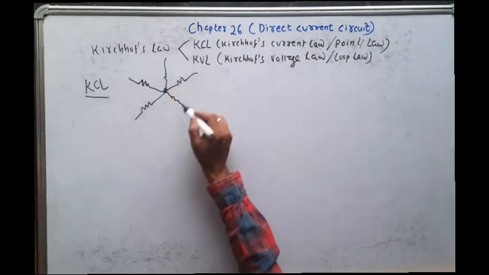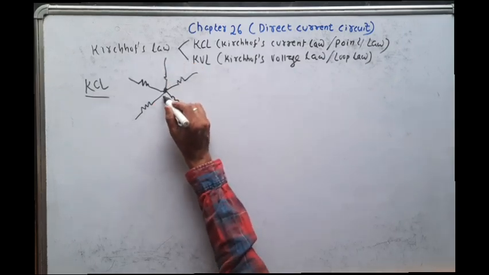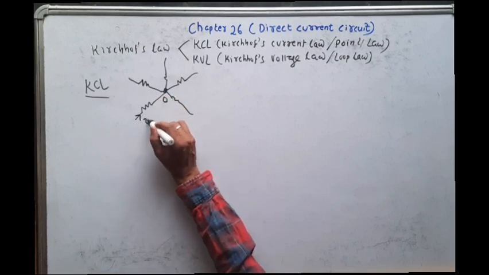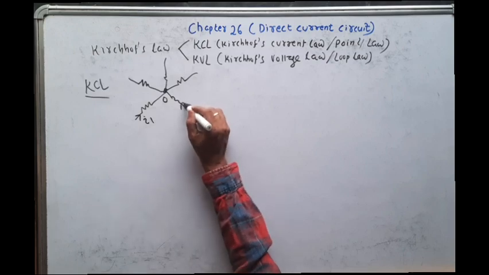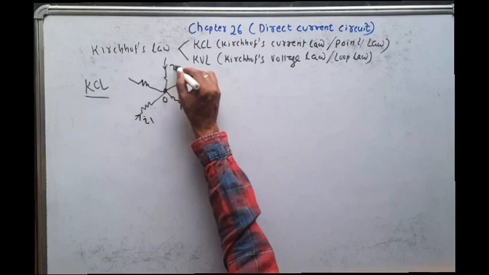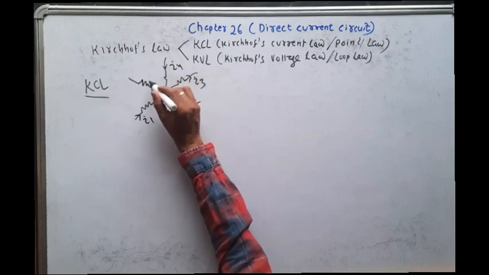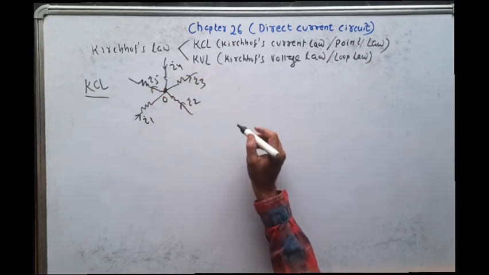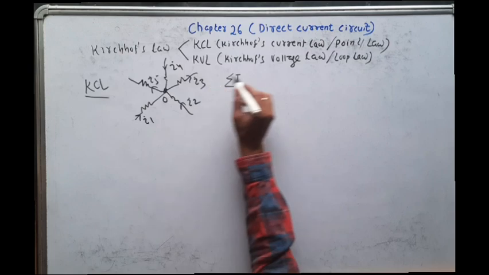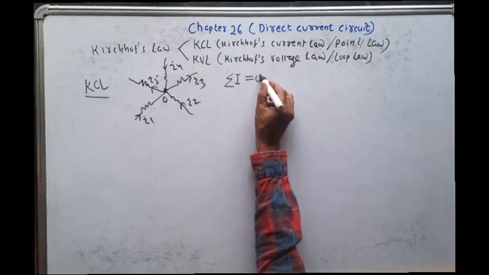There are 5 resistors connected to this junction O. Let us say the current in this branch is I1, in this branch it is I2, in this branch I3, in this branch I4, and in this branch I5. Now according to KCL, the algebraic sum of current meeting at any point is equal to 0.